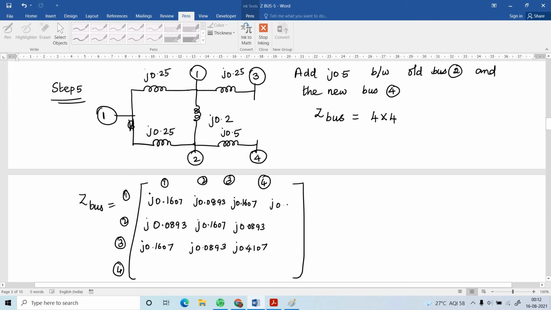So J0.0893, J0.1607, J0.4107. Here, take the second row element, the same element you have to rewrite again. J0.0893, J0.1607, then J0.